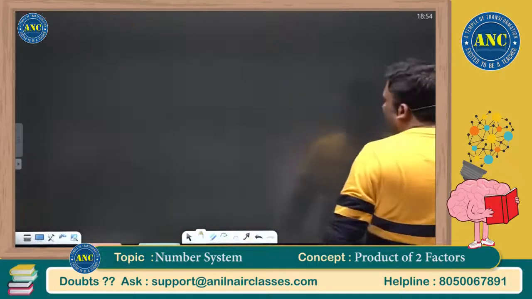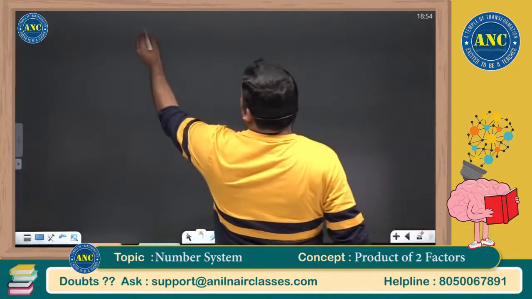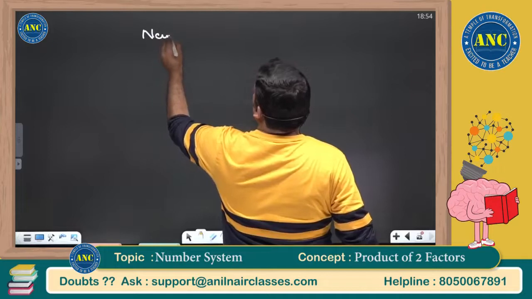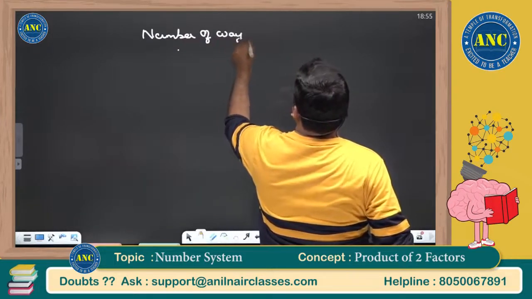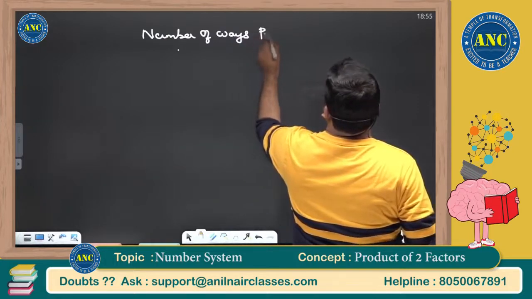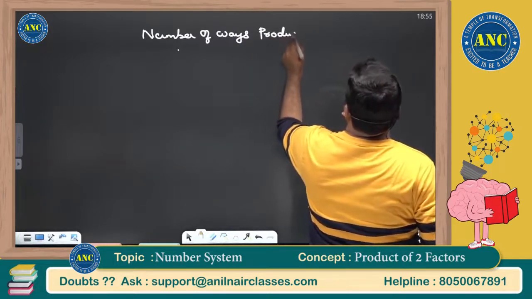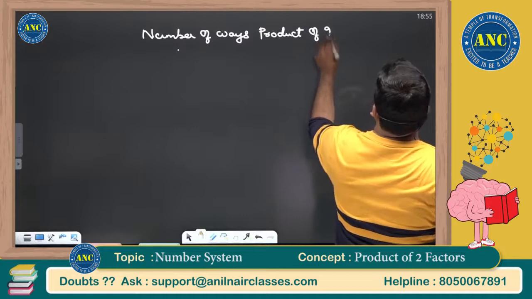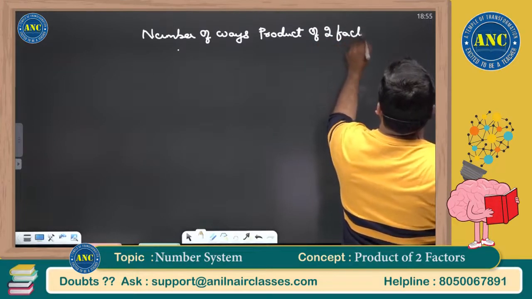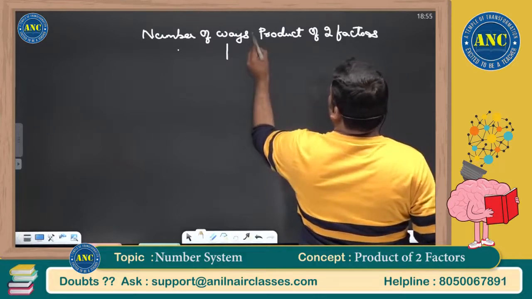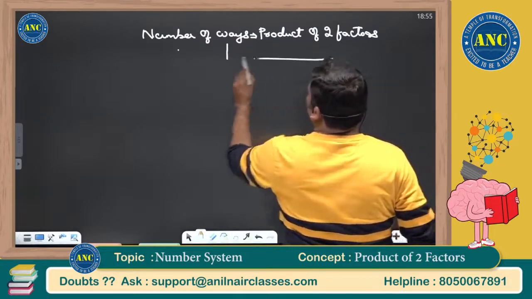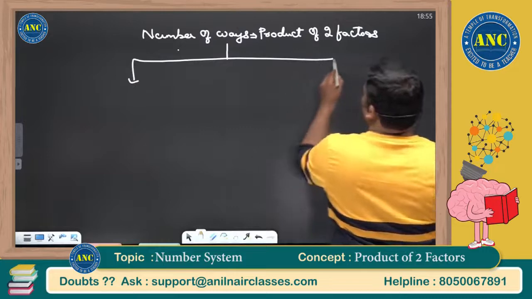What I'll do is give a table. Number of ways. Listen carefully, sir. Number of ways of writing a number as a product of two factors. In permutation and combination, we'll discuss product of three factors and so on. Number of ways of writing it as a product of two factors, two ways.